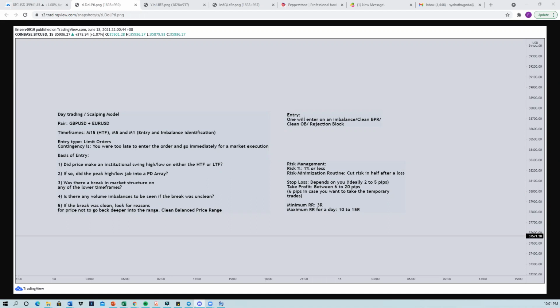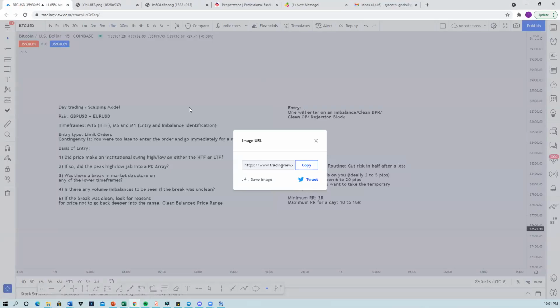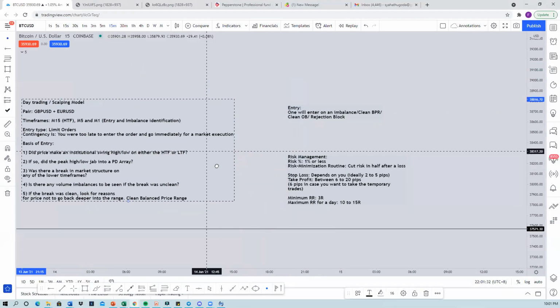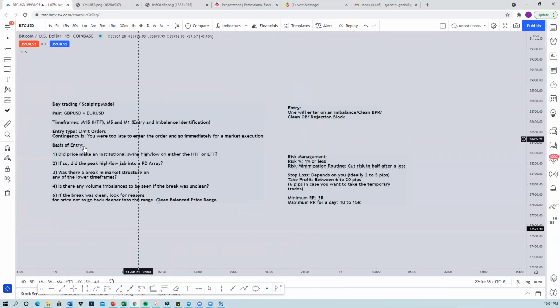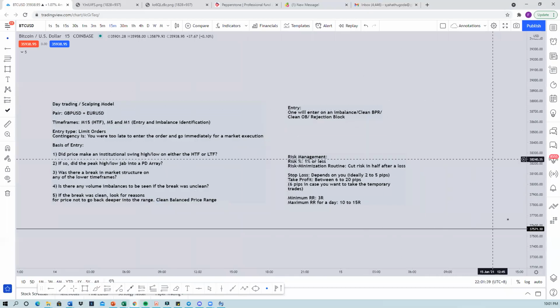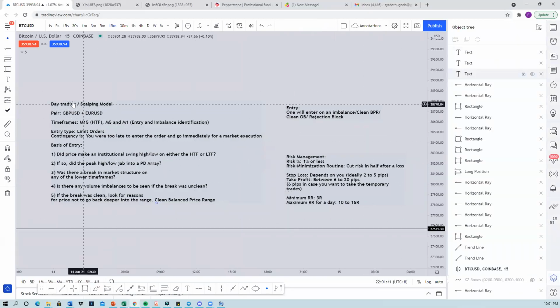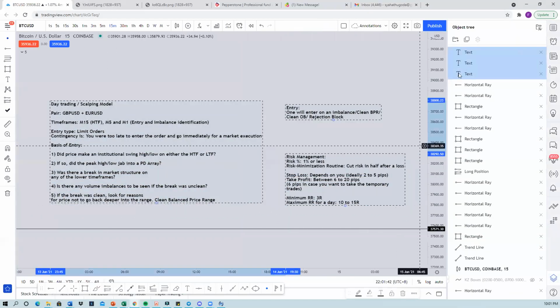Here you go. Rules are there. You need to apply your own risk management and all of that for your own psychology. Okay, so I'm going to take this out. We don't need this. Let me actually do something like this.